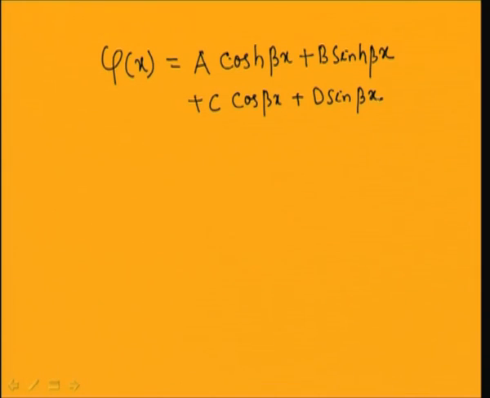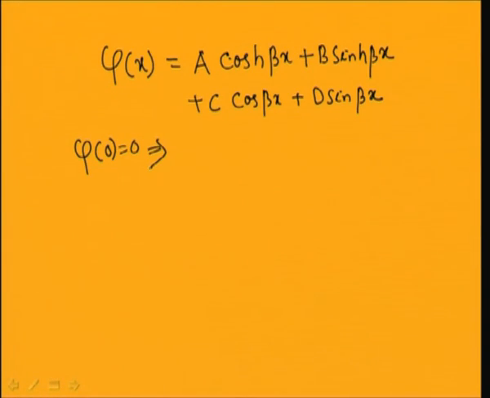By substituting x equal to 0, that is displacement equal to 0, psi 0 equal to 0 implies, a into cos hyperbolic 0, which equals 1, plus b into sin hyperbolic 0, which is 0, plus c into 1 plus d into 0, equal to 0.